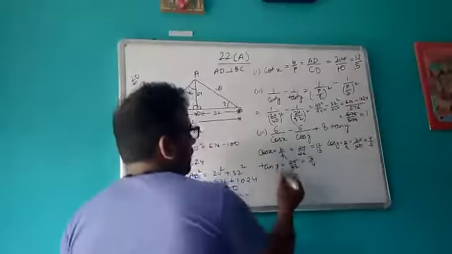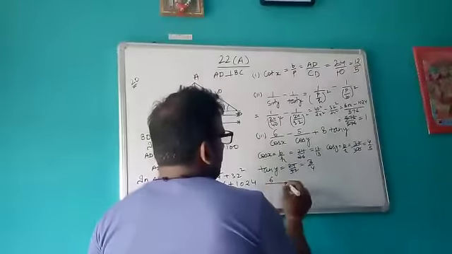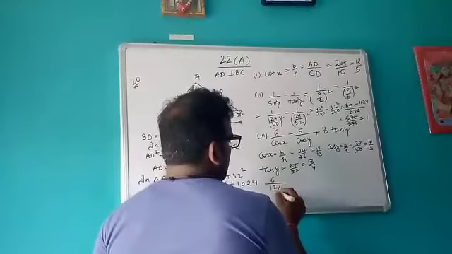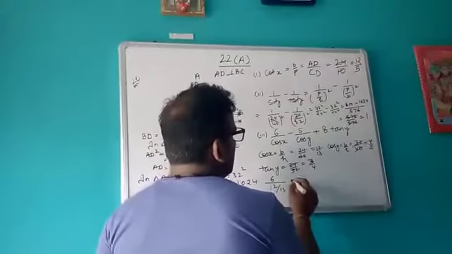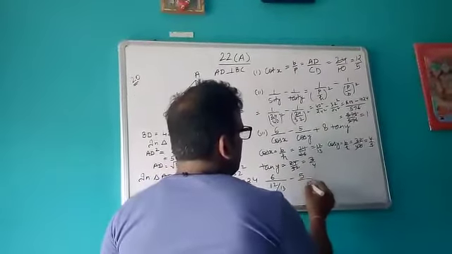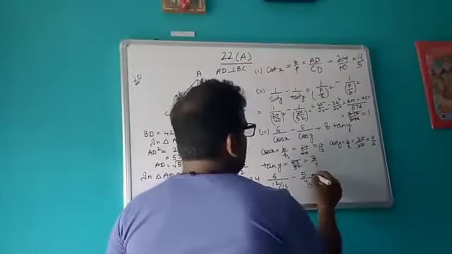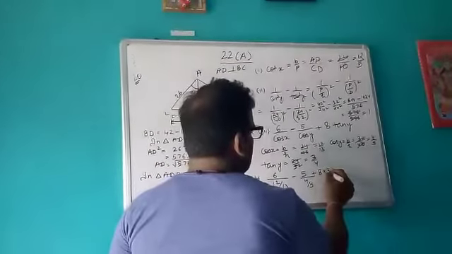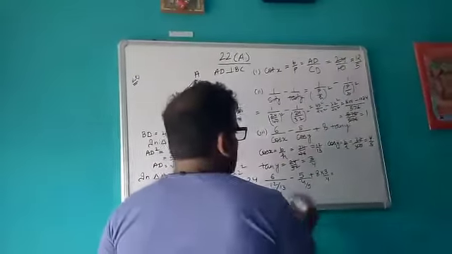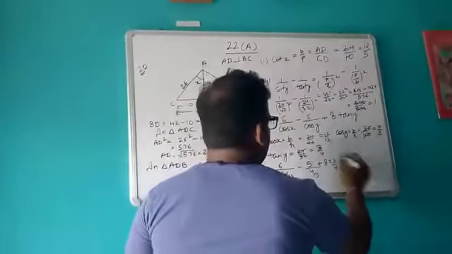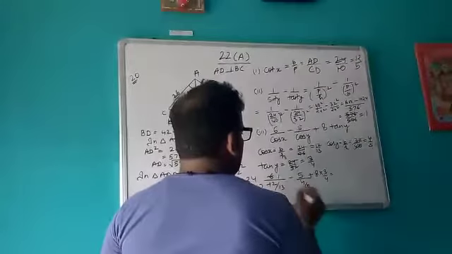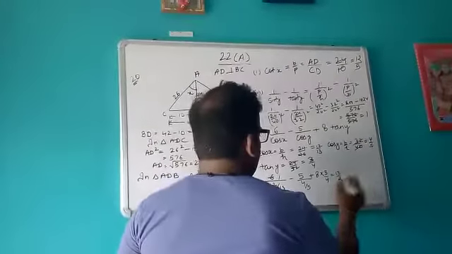Now I will put the values here. 6 into 12 upon 13 minus 5 into 4 upon 5 plus 8 into 3 upon 4. So it will give you 6 into 12, that is 72 upon 13.